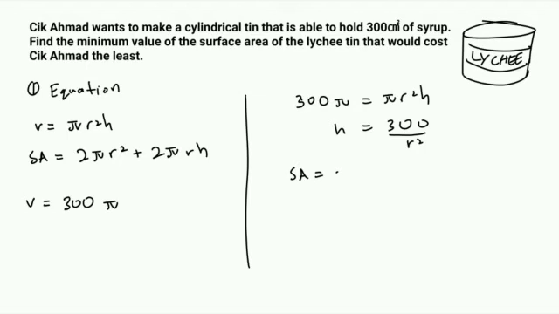Right now, we already have the height. Let's insert h into the surface area formula. We will get 2 pi r squared plus 2 pi r times 300 over r squared. From that, we will get 2 pi r squared plus 600 pi over r.